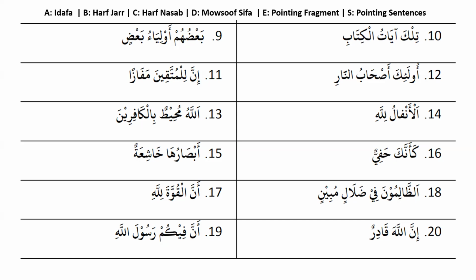Number 18, az-zalimuna fi dalalim mubin. Mubin means clear. Dalal means misguidance. So what does az-zalimuna fi dalalim mubin mean? Zalim means the wrongdoers.